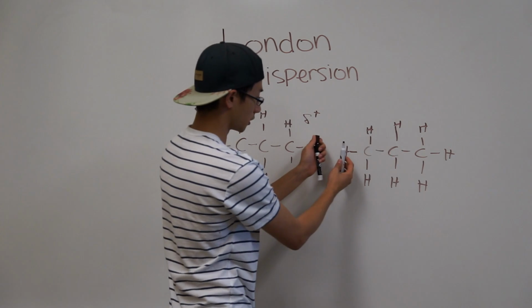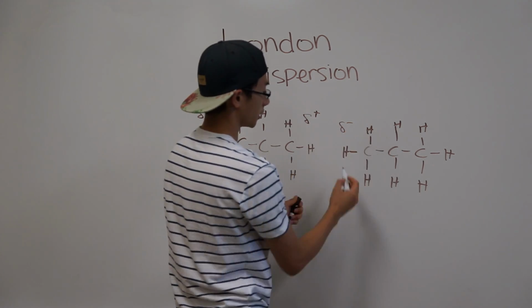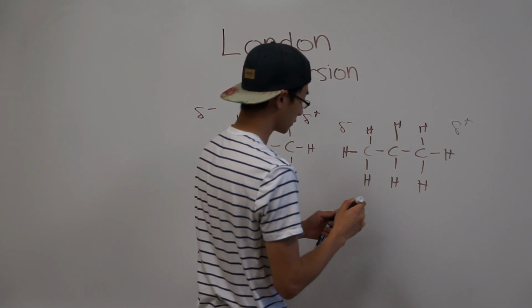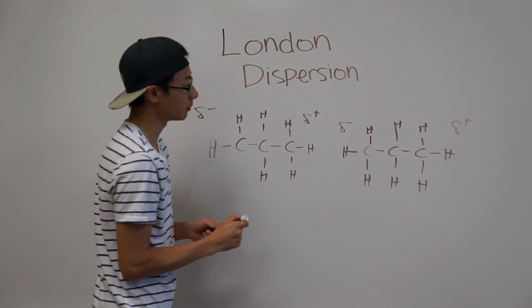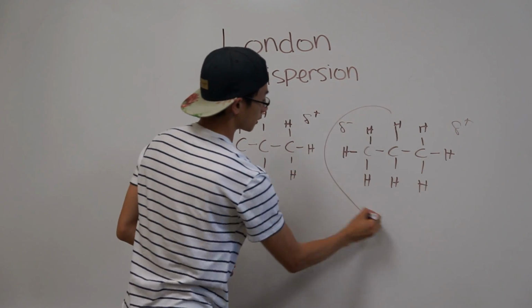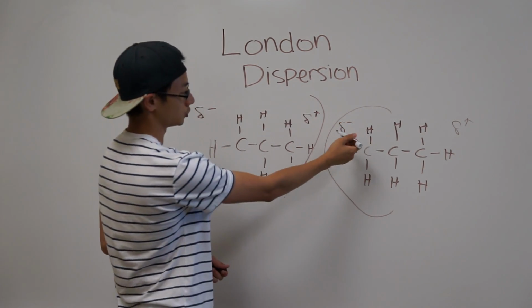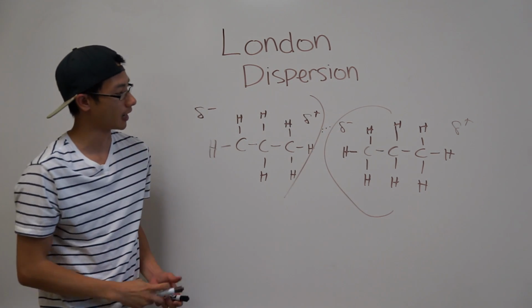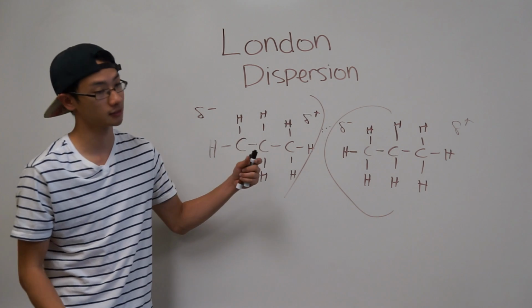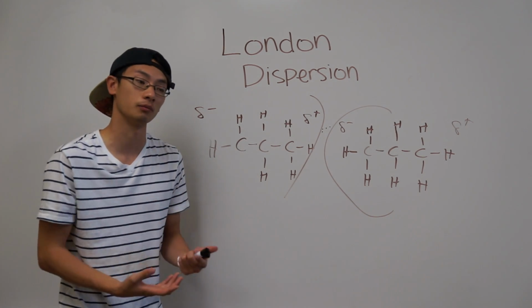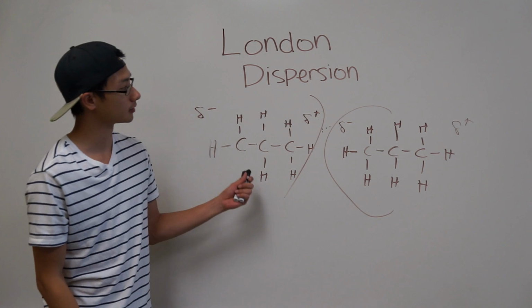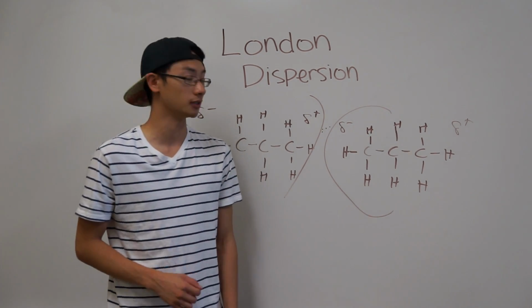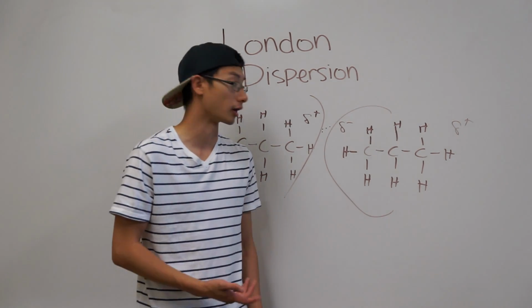All the electrons swing here, which causes a partial negative, while the electrons are missing from here, which causes a partial positive. This brief moment allows for this molecule to connect to this molecule. And that allows the molecules to stick together and form a liquid. These London dispersion forces are going to be the weakest of the three basic intermolecular forces, or IMF.